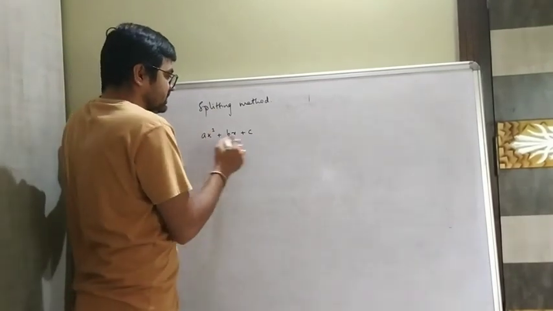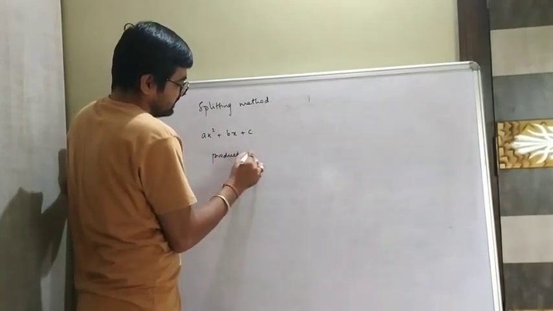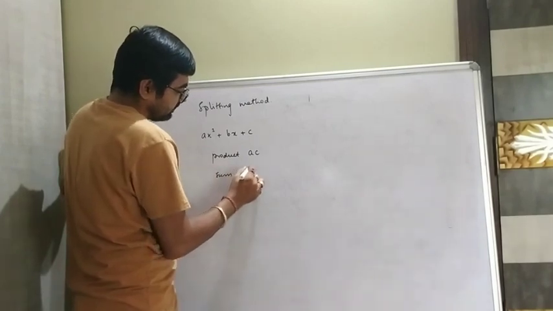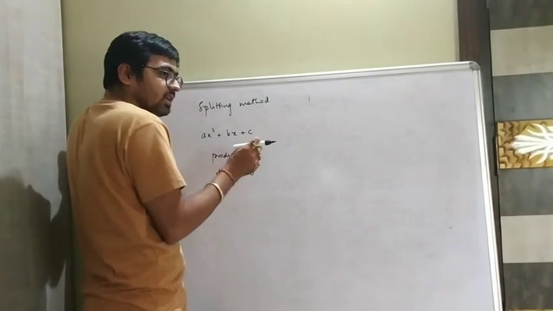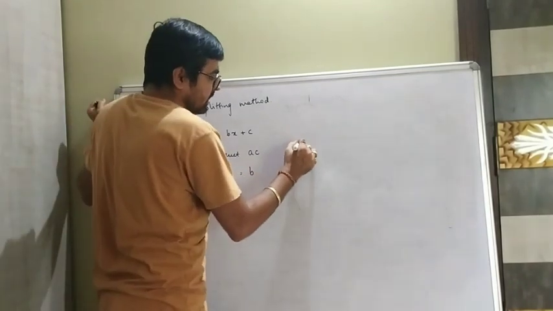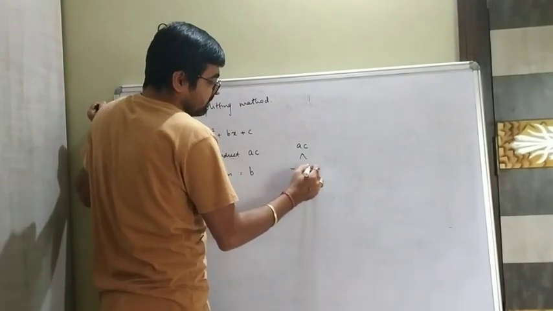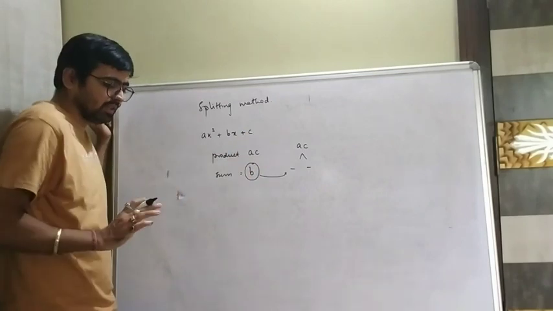We know that we must take the product of ac, and the value of b should be the sum of those. Means we want to take the product in such a way that the sum of these two values will give us b. That is the simple thing we are going to do.